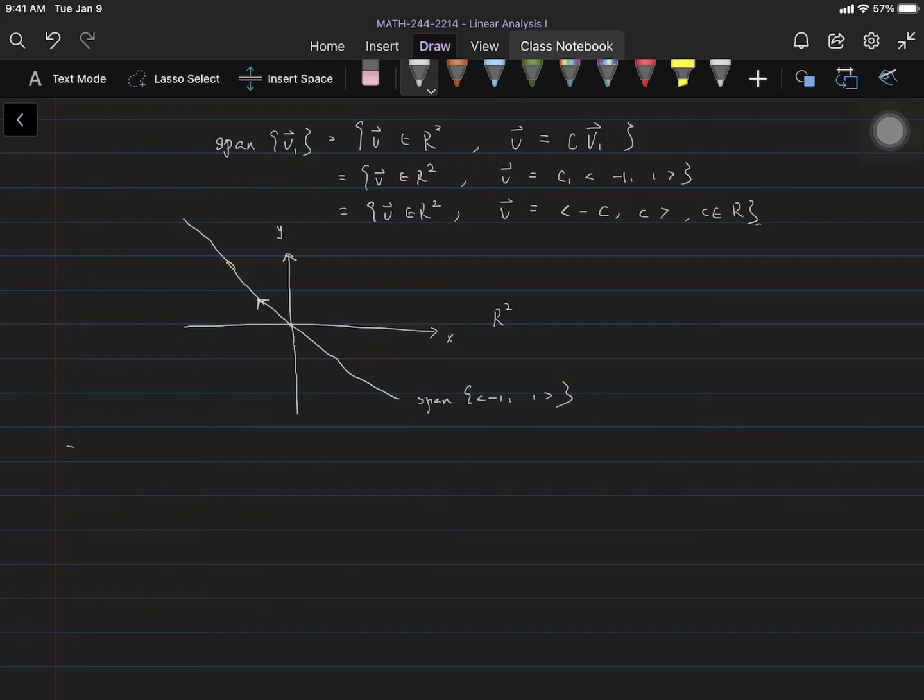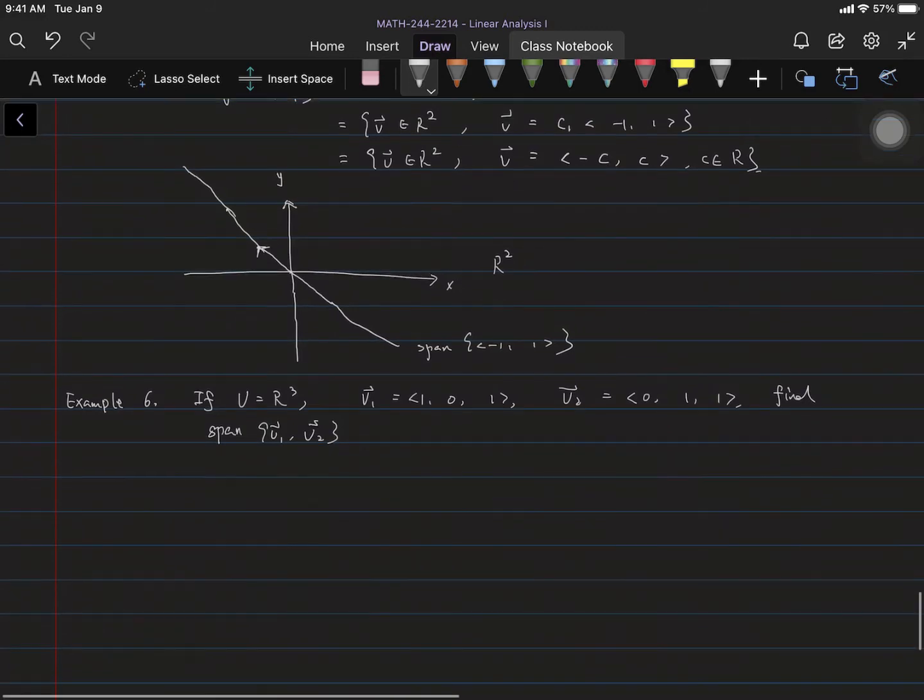Let's take a look at another example in R3. If the vector space is R3 and we have two vectors, V1 equals (1, 0, 1) and V2 equals (0, 1, 1), we want to find the spanning set of V1, V2. So we do a similar thing.